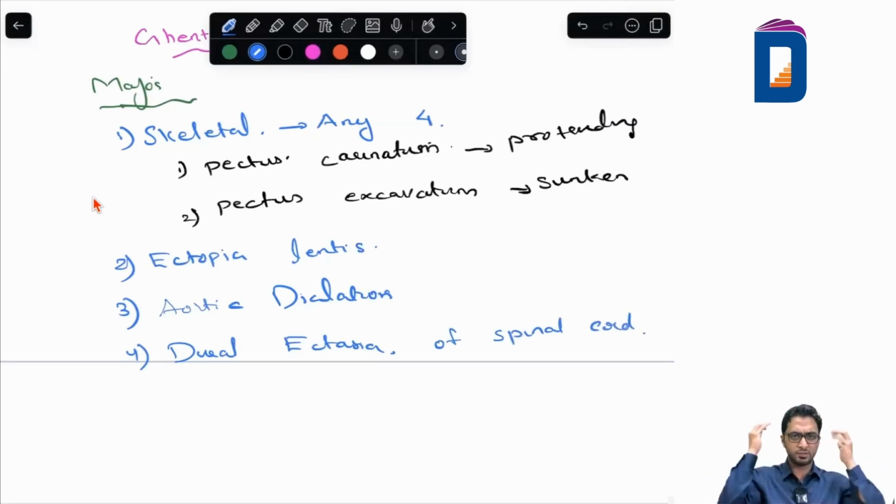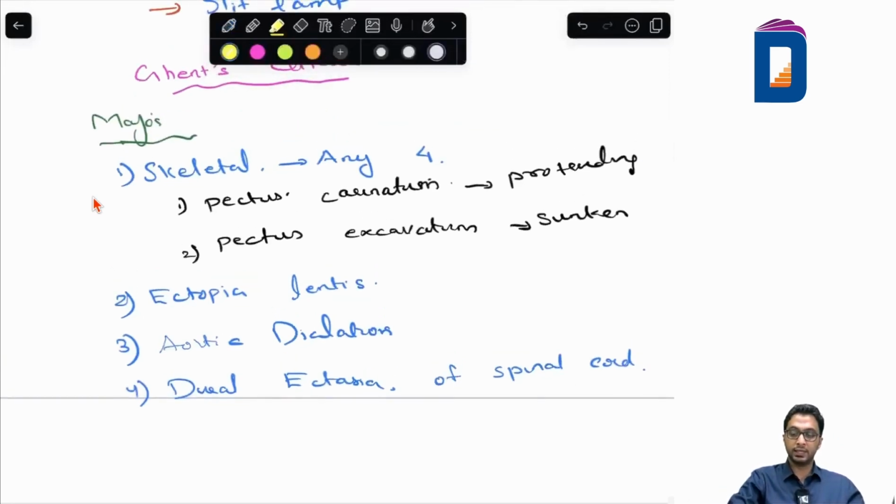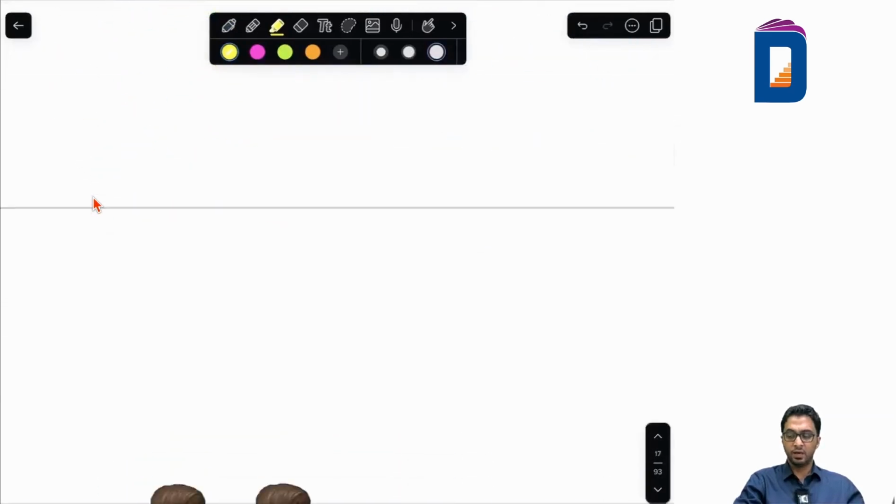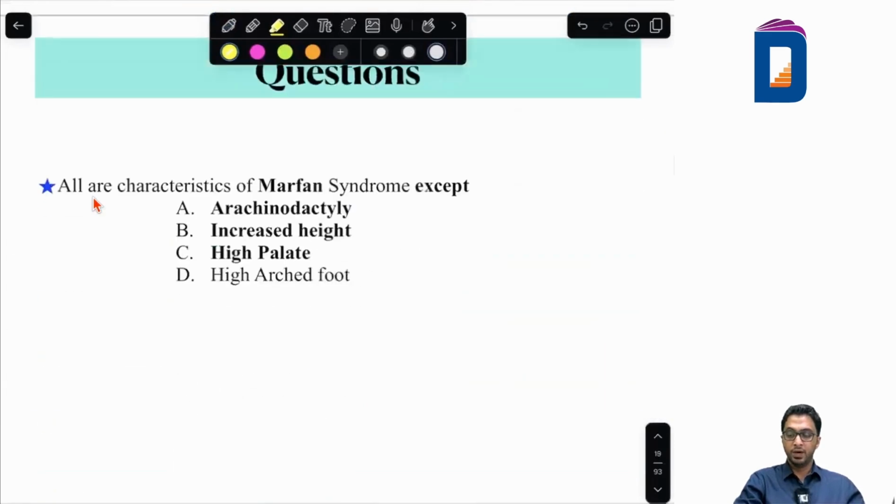There are also meninges in the spinal cord, with a covering called the dura, arachnoid and pia, isn't it? So this dura gets enlarged. That's called dural ectasia. The dural sac gets enlarged. These are the four major criteria: skeletal, any four, ectopia lentis, aortic dilatation, dural ectasia. If any of those is there, it is considered to be fulfilling the major criteria. So this is the basic understanding of your Marfan syndrome.